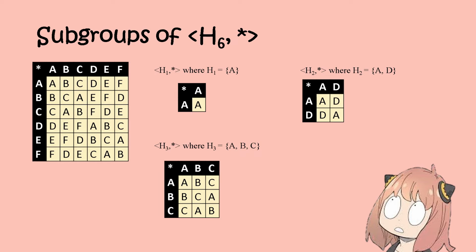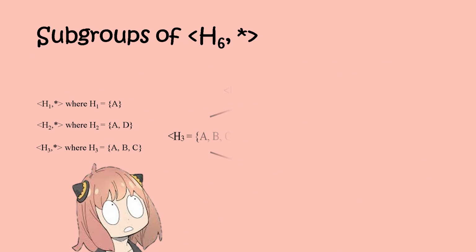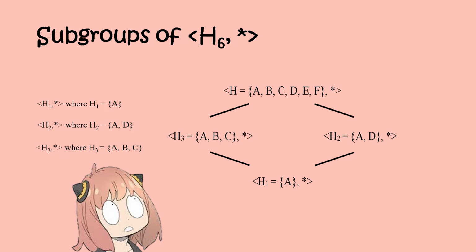As you can see, the subgroups must have the same characteristics of a group. It must be closed, well-defined, associative, and the identity and inverse elements exist. And there is also a subgroup called the improper subgroup, that is the H sub 6 containing all the elements of H. What you can see here is the lattice diagram of the set H sub 6 under binary operation star, which is arranged in an improper, proper, trivial pattern.